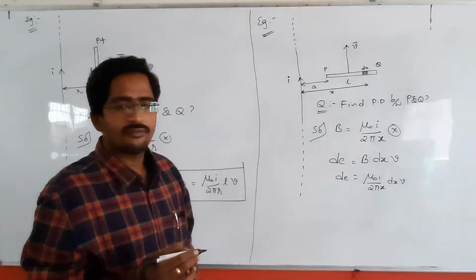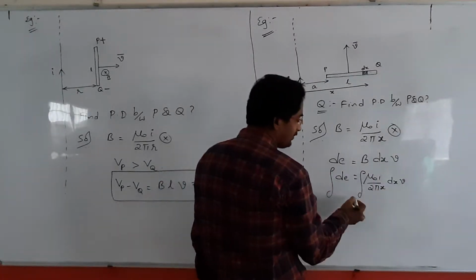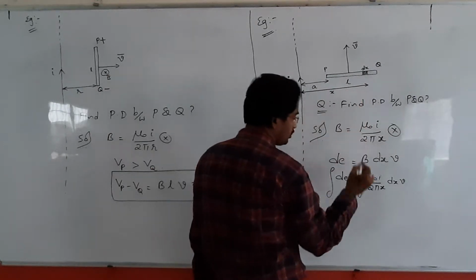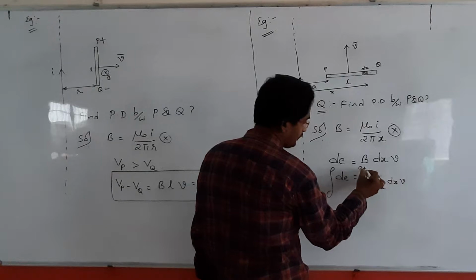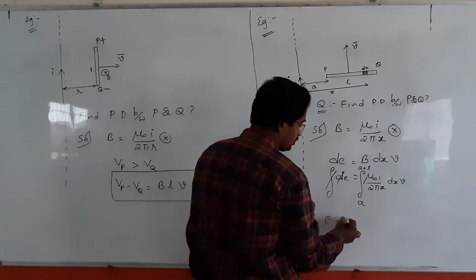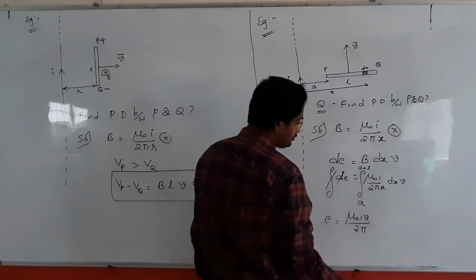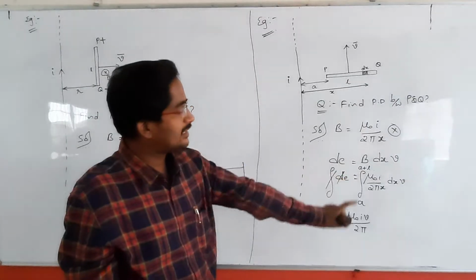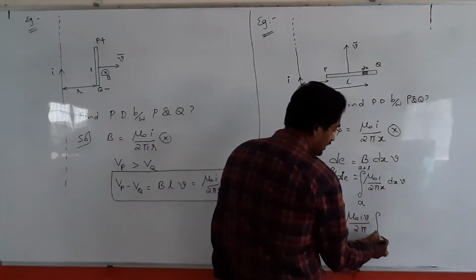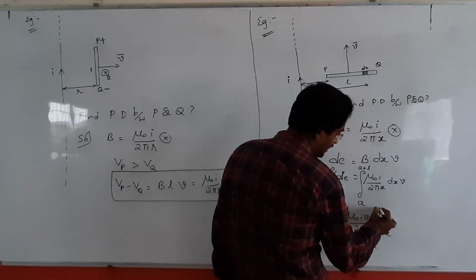After obtaining that, we need to integrate it. What are the limits here? x varies from a to a plus l. Here d and the integral cancel, so it equals mu naught I v by 2 pi. Under the integration we have integral dx by x, with limits a to a plus l.